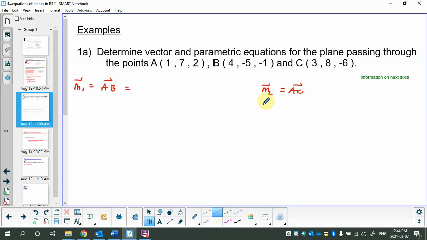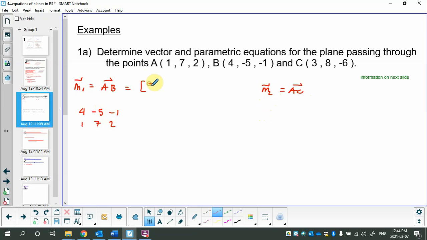It really doesn't matter what you do as long as you have 2 of them, 2 different. So I can't do AB and BA. That's not different.